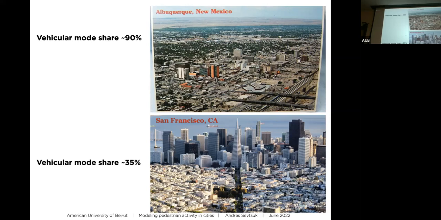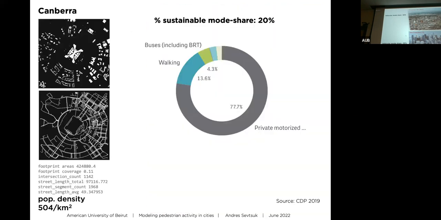And so it had about a 90% mode share by car. In a city like San Francisco, where the urban form is very different, it's denser, more diverse, vehicular mode share is around 35%. The rest is public transport, walking, cycling. So to sustain dense and diverse cities, it's efficient to foster non-motorized transportation.